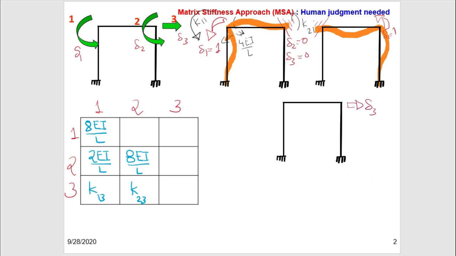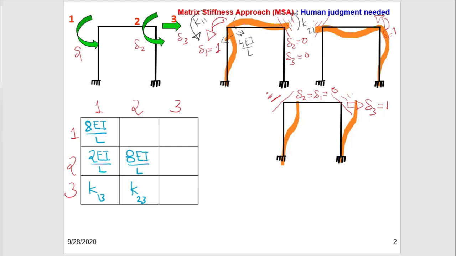Now we come to the third step. We apply a unit displacement along the third degree of freedom, that is a translation, such that all the rotations, namely delta 1 and delta 2, are frozen. So here both the columns undergo deformation just like the case of a cantilever with guided roller supports. This is the use of the second slope deflection equation.